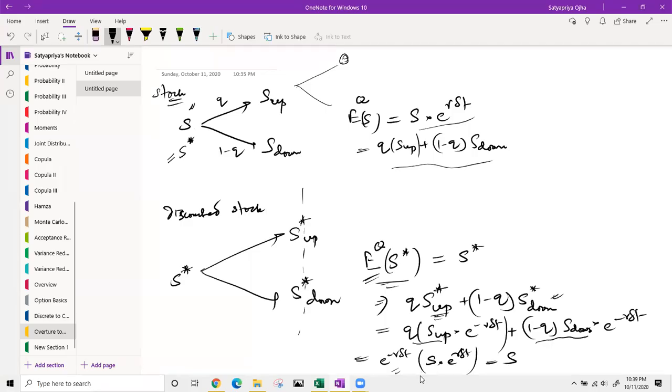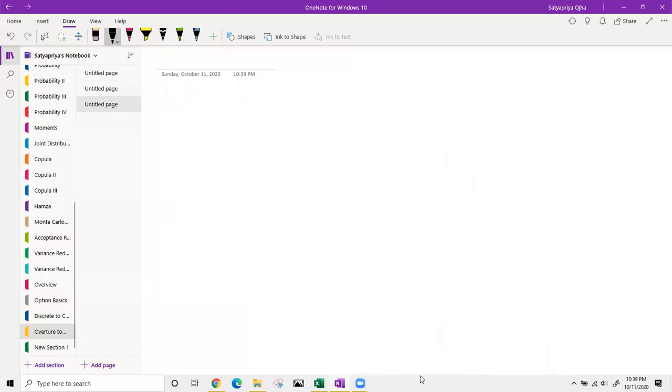At this node, what is the discounting factor? So in the discounting process, what is the discounting factor today? 1. This is the discounting process.